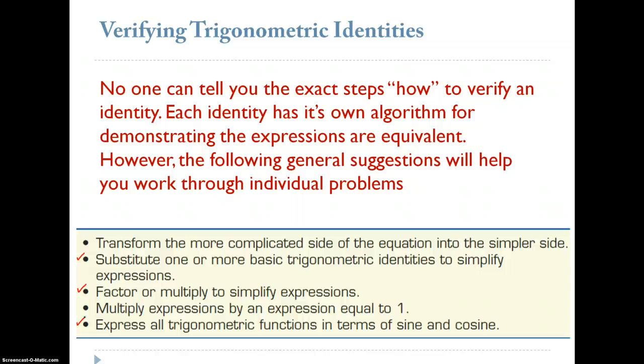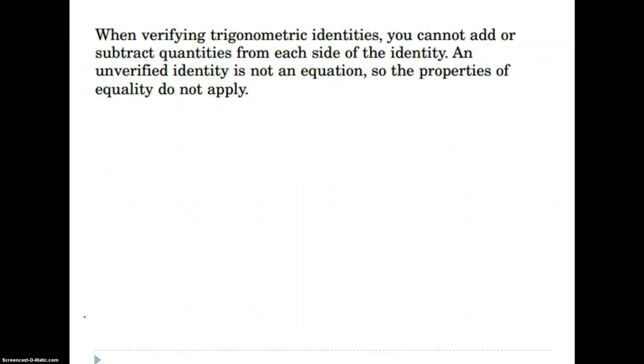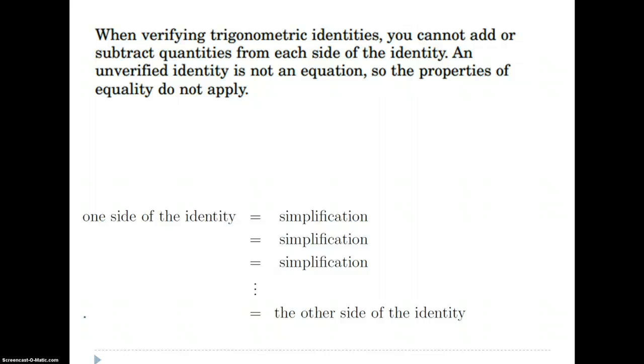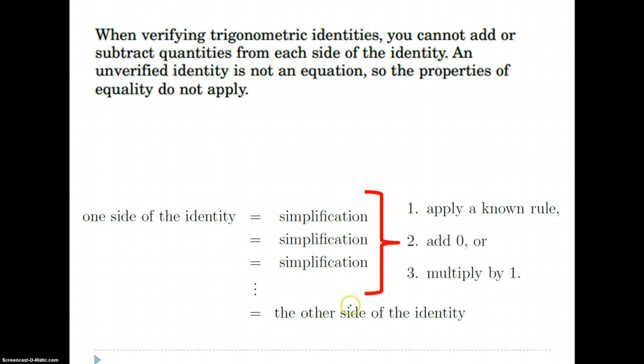So I'm going to show you an example here. One thing that's really important to remember is that these are not equations, even though there's an equal sign. So we want to essentially work one side to simplify it and simplify it and simplify it until they're equal. And again, we got to go back to what are the rules here. We can apply the known rules.